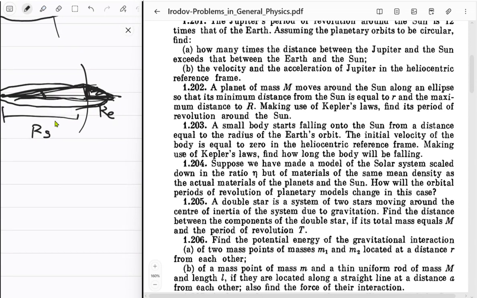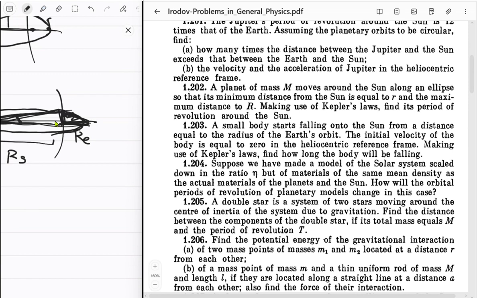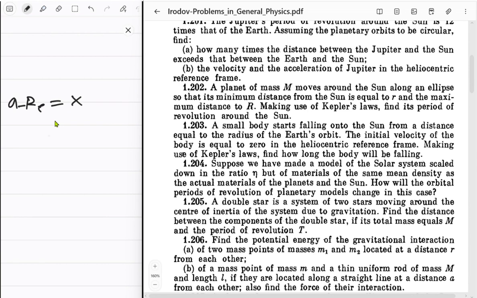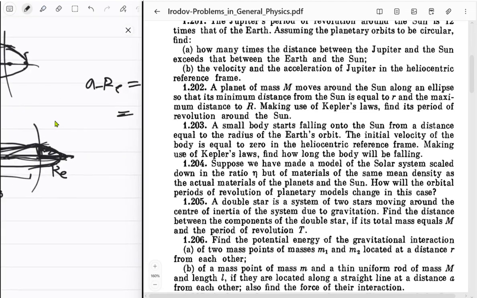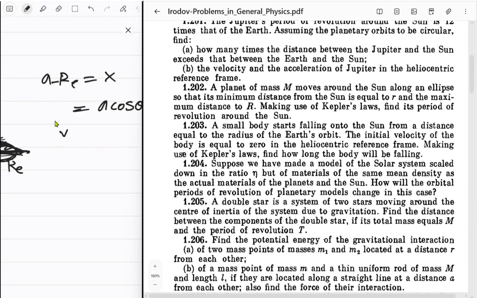You can figure it out. Let's write the x value, which is going to be this thing. Call this a, and we'll say this RE. So a minus RE is equal to the x value, and that's equal to, using that parameterization, a cosine theta, and then y will be b sine theta.